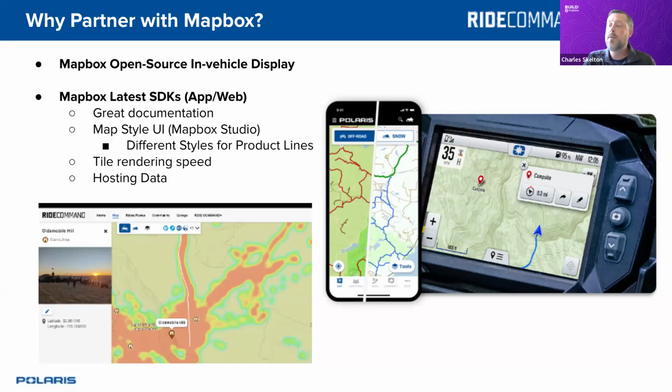One of the major factors in why developers are a huge fan of Mapbox is the documentation is excellent. It's updated regularly. Outdated things are archived and you don't get lost with Google searches looking at outdated documentation.